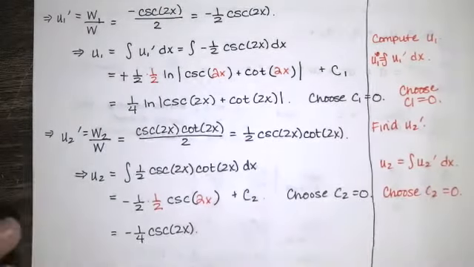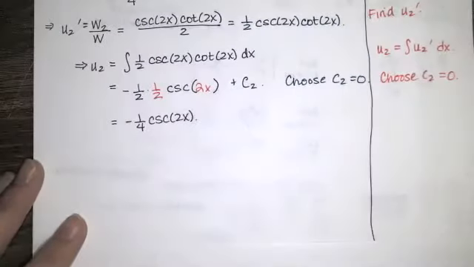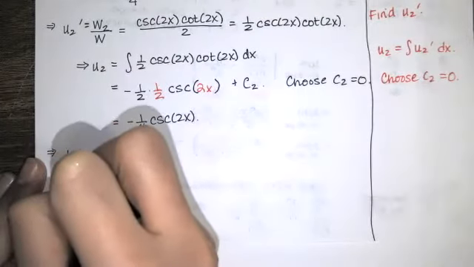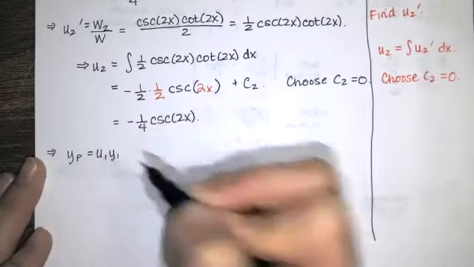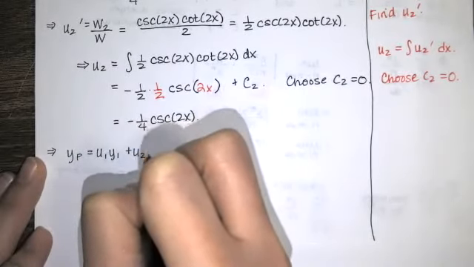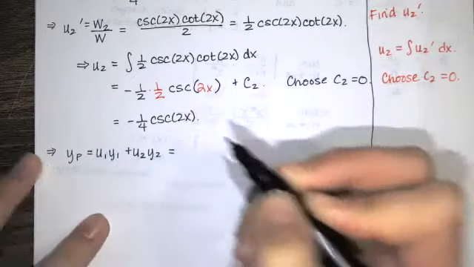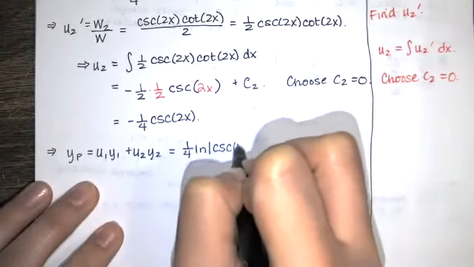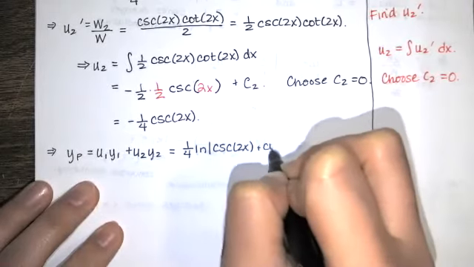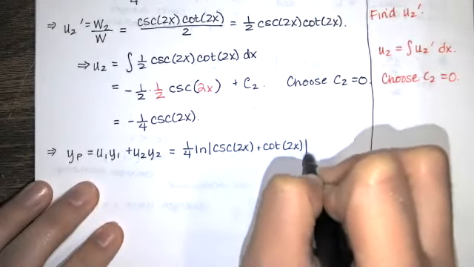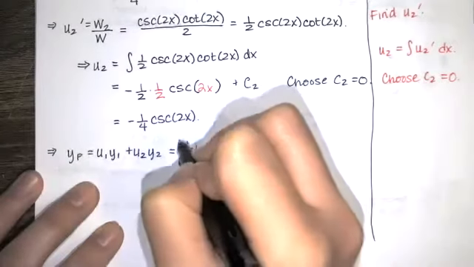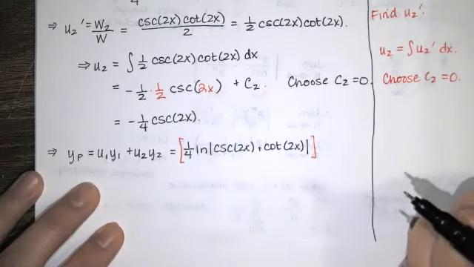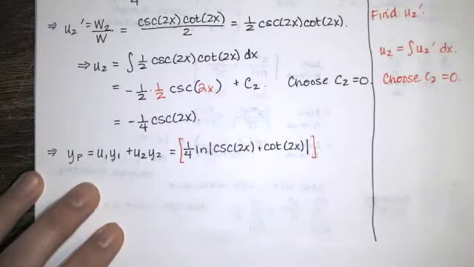Okay, so I've got u1 and u2. So that's enough to find my y sub p. Y sub p was u1 y1 plus u2 y2. u1 was 1/4 natural log of this absolute value. We're taking all of that and we're multiplying it by y1, and y1 was cosine of 2x.